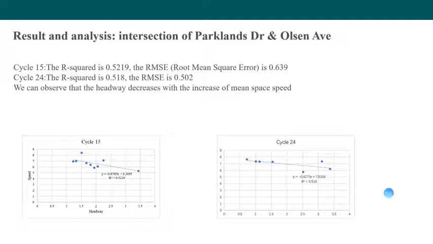As for the results at the intersection of Parkway Drive and Orthogonal Avenue, in the fitting model for cycle 15, the R-square is 0.52 and the root mean square error is 0.39. In the fitting model for cycle 24, the R-square is 0.18 and the RMSE is 0.502. We can observe that the headway also decreases with the increase of mean space speed.